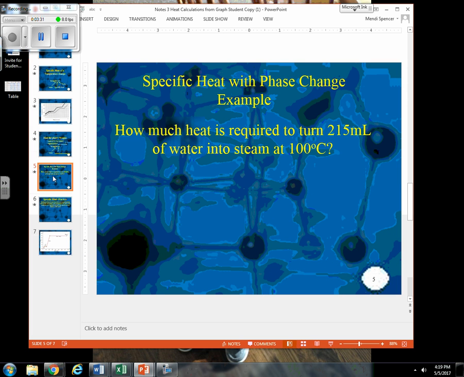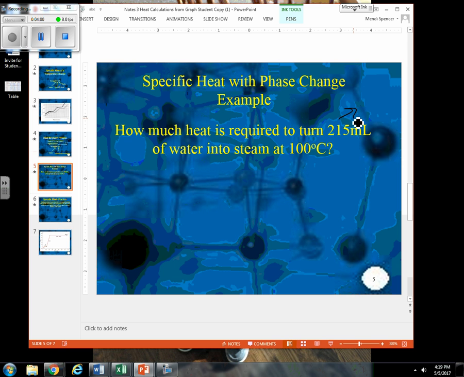So we're going to work through just a one-step problem first. I've asked you how much heat is required to turn 215 milliliters of water into steam at 100 degrees Celsius. So we are looking at vaporization here. We are going from liquid water into water gas. And if you remember from last week, we talked about that conversion factor for water from volume to grams.